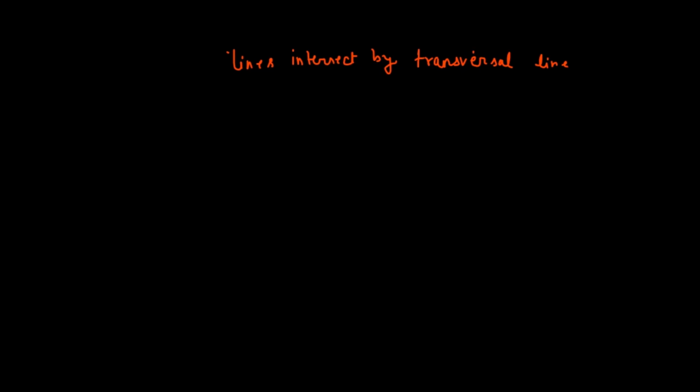Okay, so what we are going to learn is that if two lines are given, for example, these are two lines, and this is the line. Here this line which is cutting the two lines is called a transversal line.